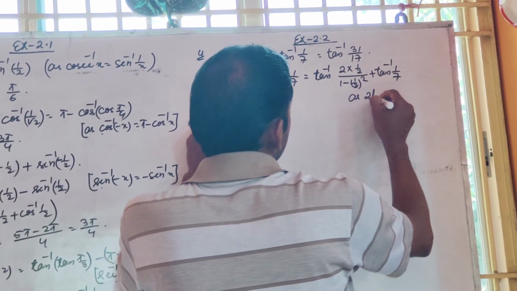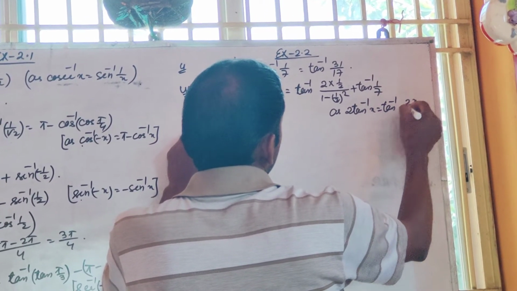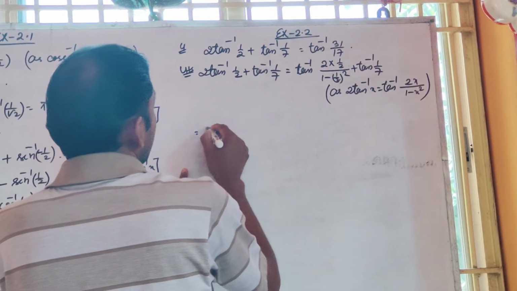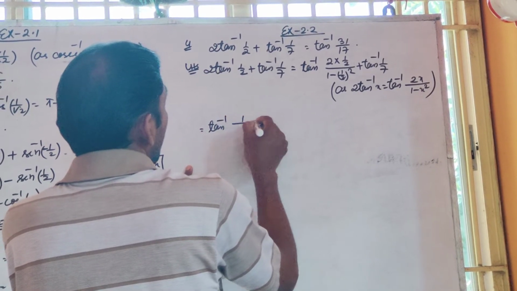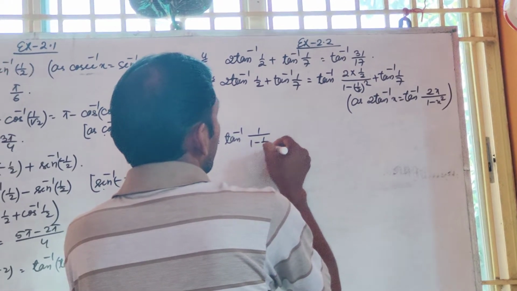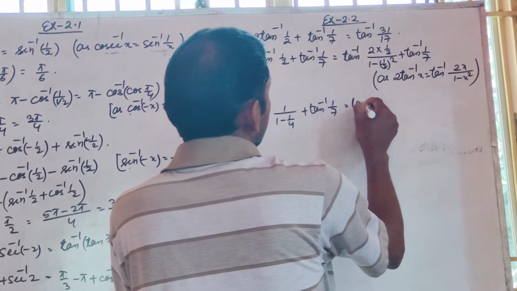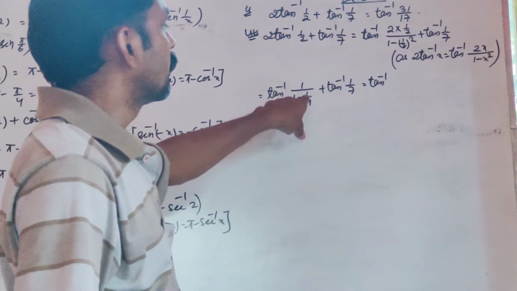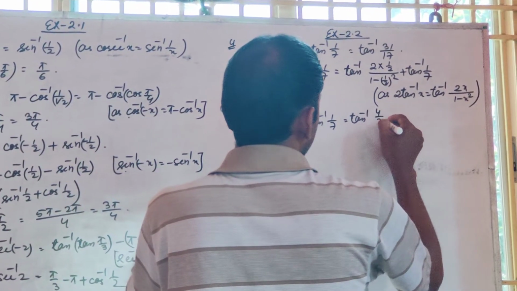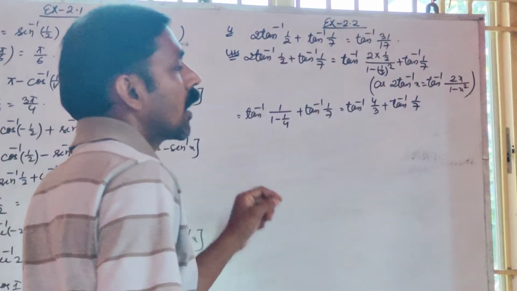This equals tan inverse 1 by 1 minus 1 by 4 plus tan inverse 1 by 7. Now this will become 3 by 4. So 1 by 3 by 4 is 4 by 3, plus tan inverse 1 by 7.